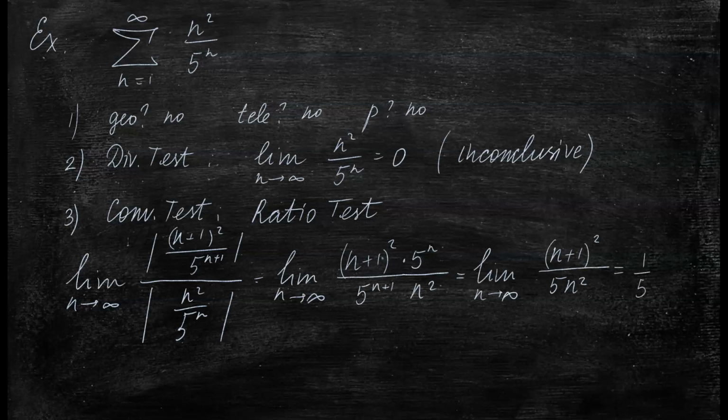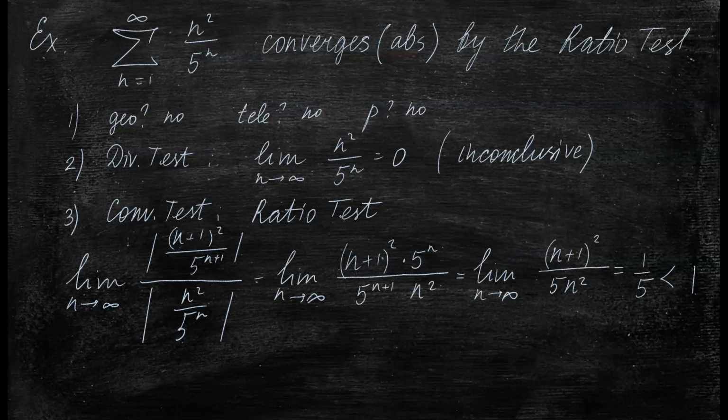So the answer is 1/5, which is less than 1, and therefore the conclusion is that this series converges absolutely, and the reason is the ratio test.